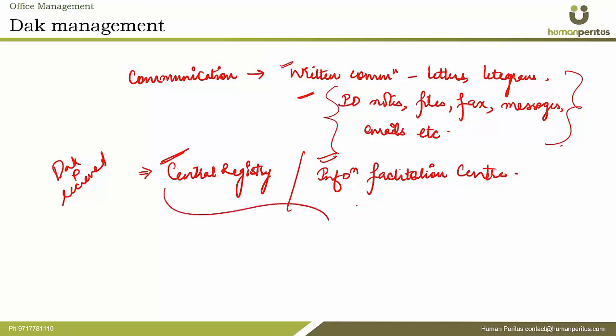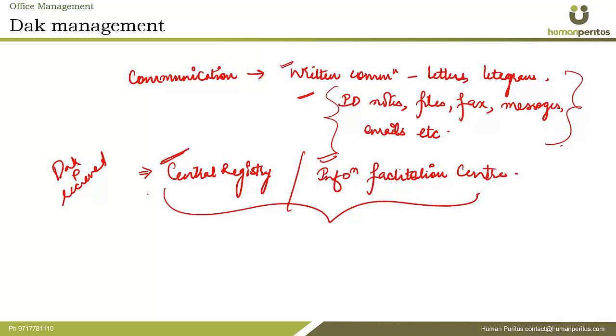So now what happens from here? The dak is received in the central registry, or in case an information facilitation center is available. Now from here the dak is distributed to different sections in the departments and ministries. If you remember, Meeta must have discussed the hierarchy of offices in a ministry. First is the ministry, then come the departments, then sections, and then branches.